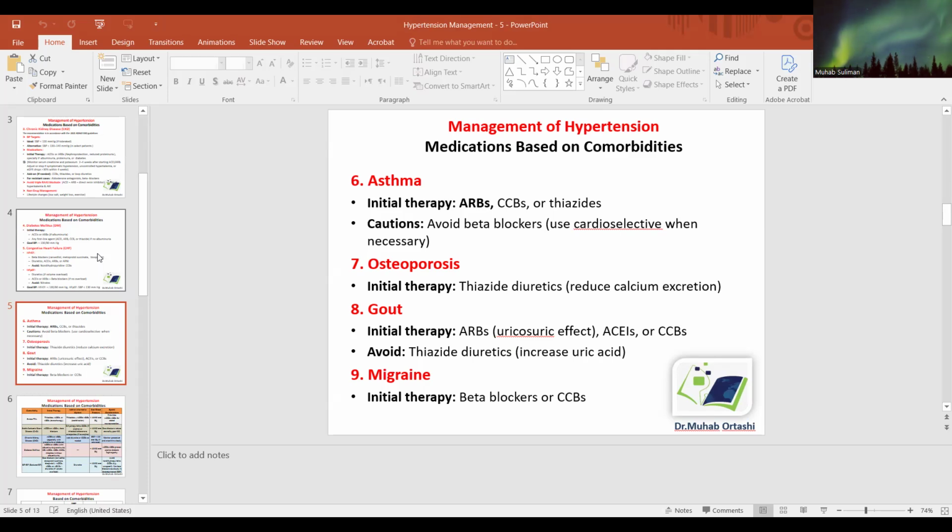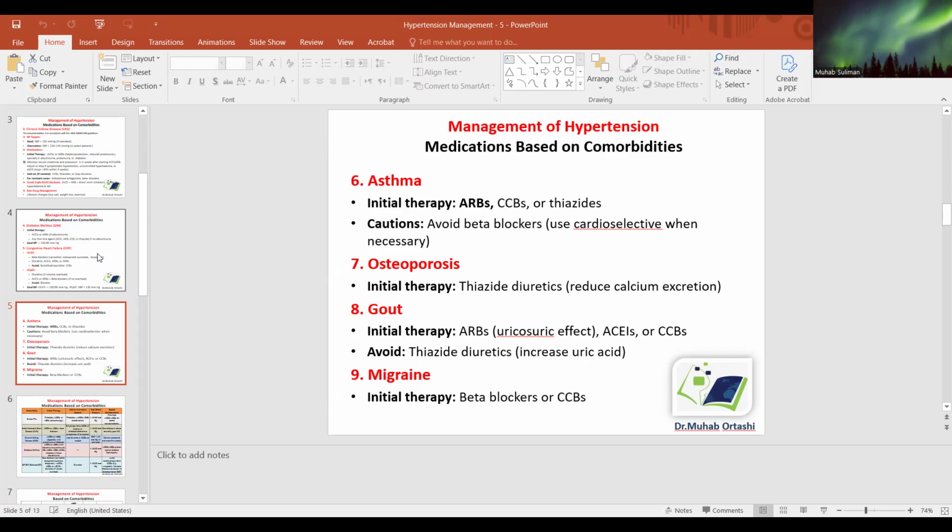If the patient has osteoporosis, we need a drug that increases calcium. The preferable drugs are thiazide diuretics, which reduce the excretion of calcium and thus increase calcium in the blood. In gout, we have to use a drug which doesn't increase uric acid, and that is why we avoid thiazide diuretics, and we prefer a drug which decreases uric acid.